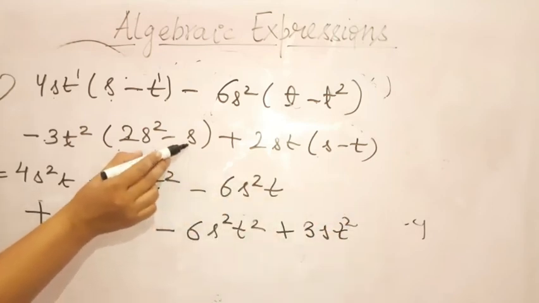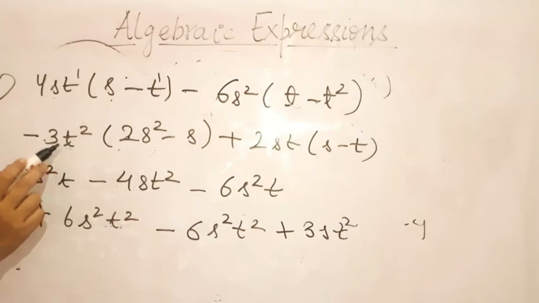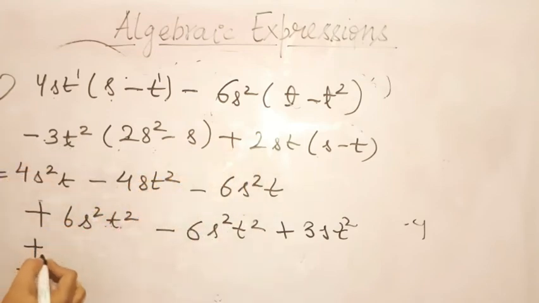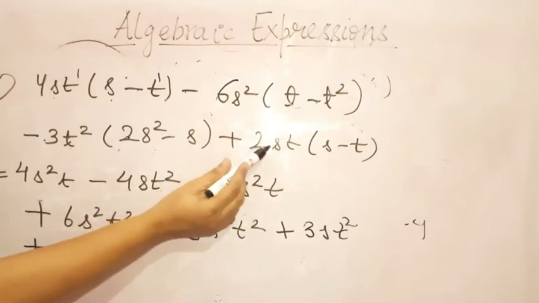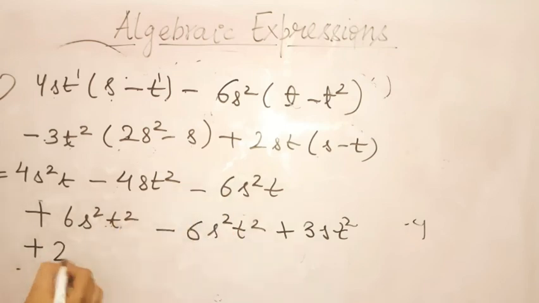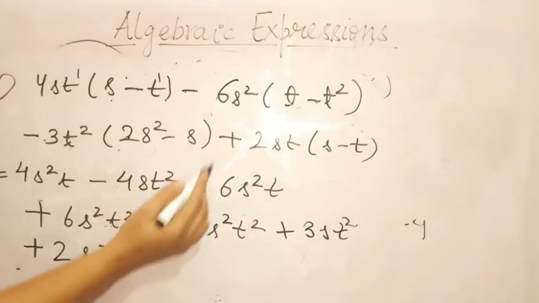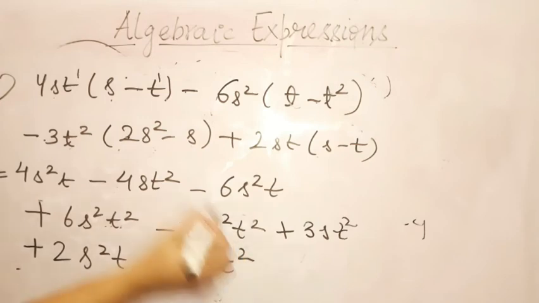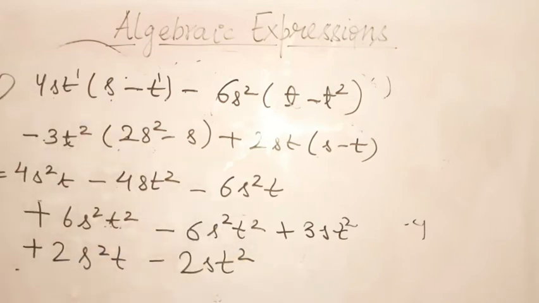Because this is s and here there was no s. So 3st². Now coming on to this one. If you do it individually, one by one, you will be able to solve the question easily. Now 2st multiplied by s will be 2s²t, and plus minus minus, so minus 2st². Now we have to check whether we can reduce anything from here or not.